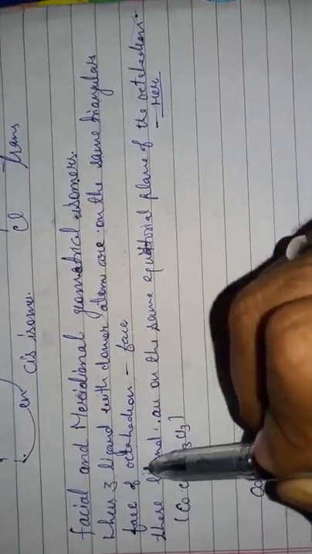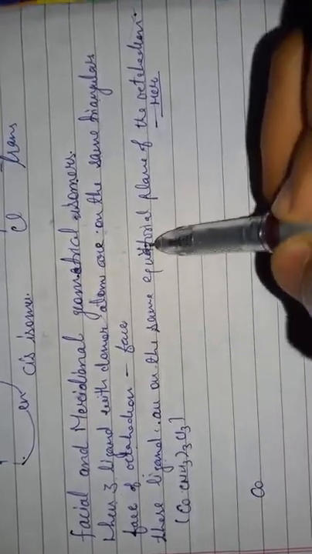And when these ligands are on the same equatorial plane of the octahedral complex, this is called the mer isomer.